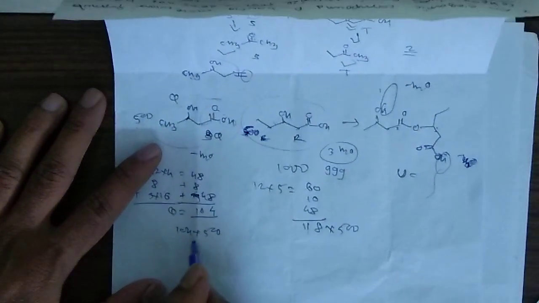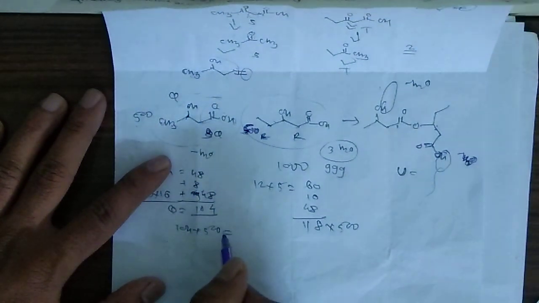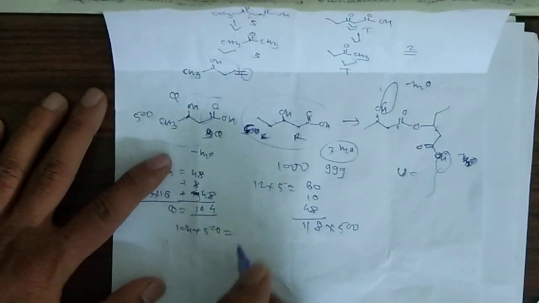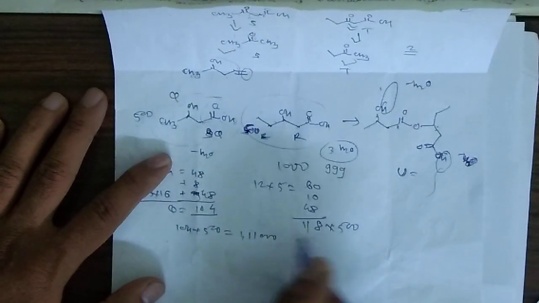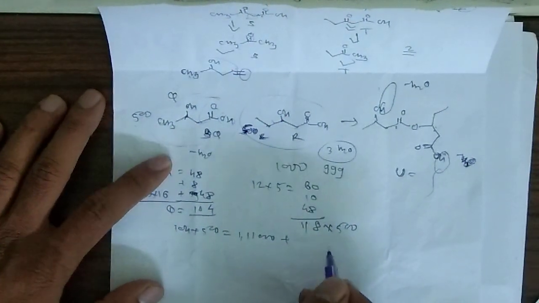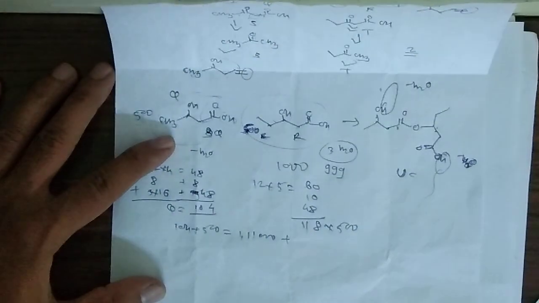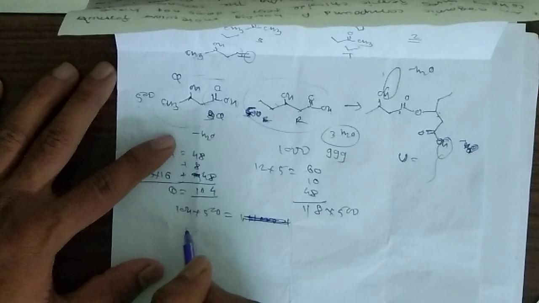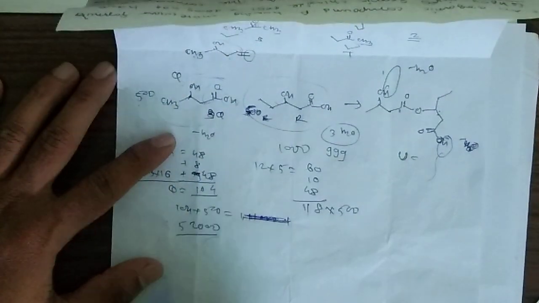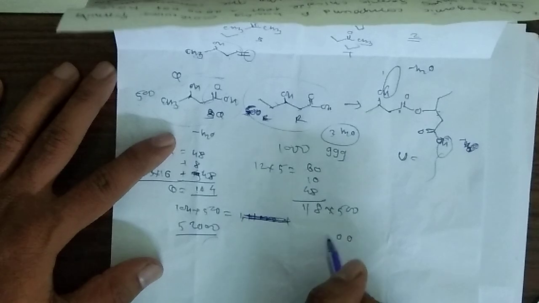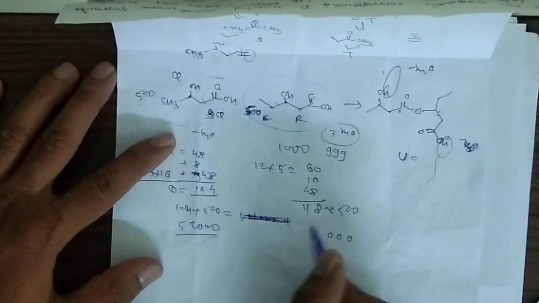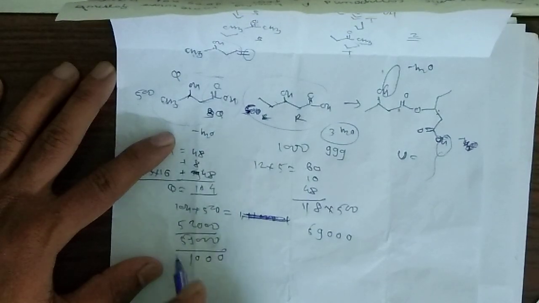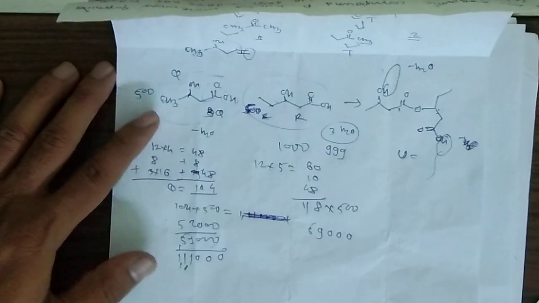So 104 into 500 comes out, and from 118 into 500 we get the rest, which gives a total of 111,000 molecular weight.